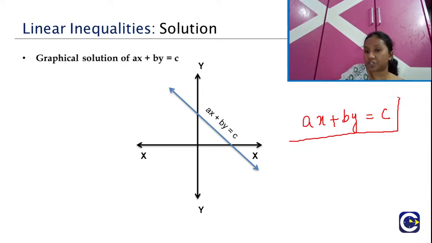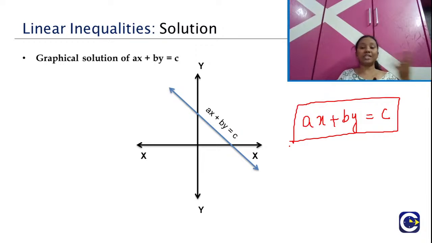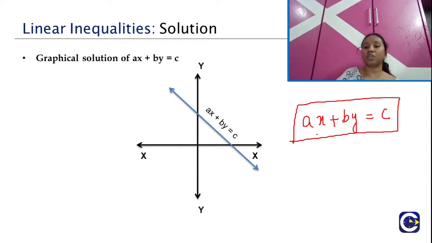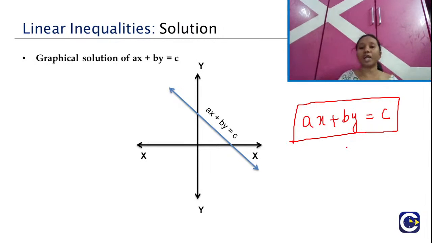Yes or no? It is a linear equation in two variables. You are completely aware of how to locate this equation on a graph. If I take some x value, correspondingly we get the y value, and based upon the coordinates of the points, we locate the graph of the given equation.